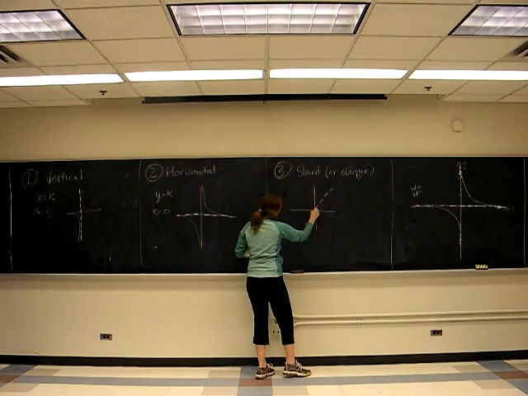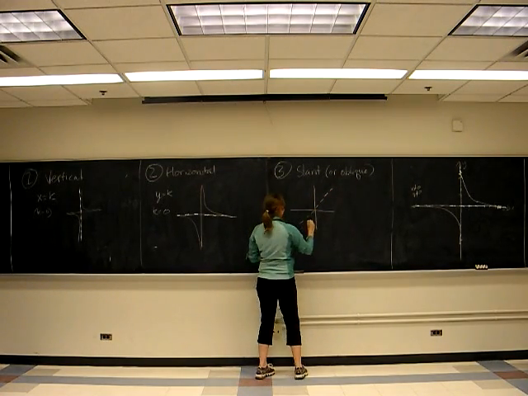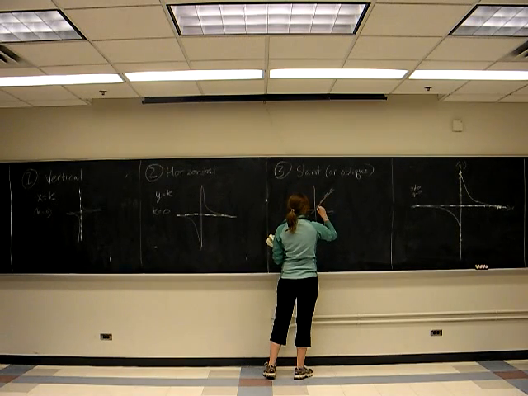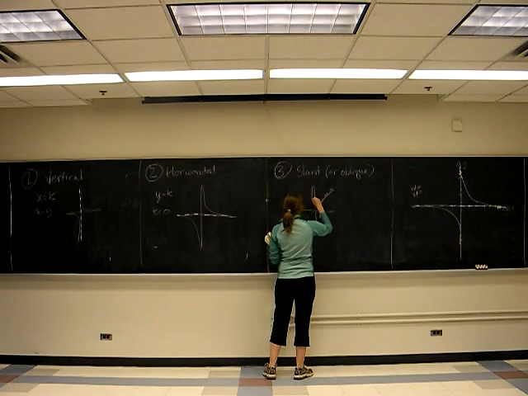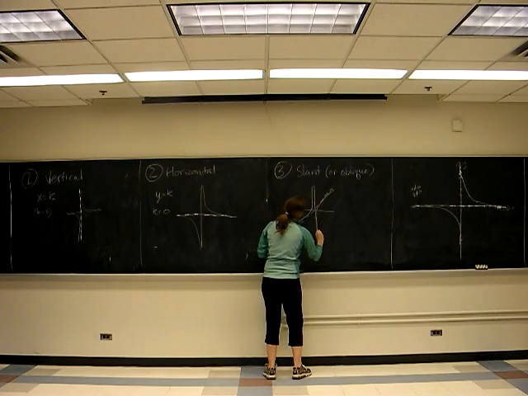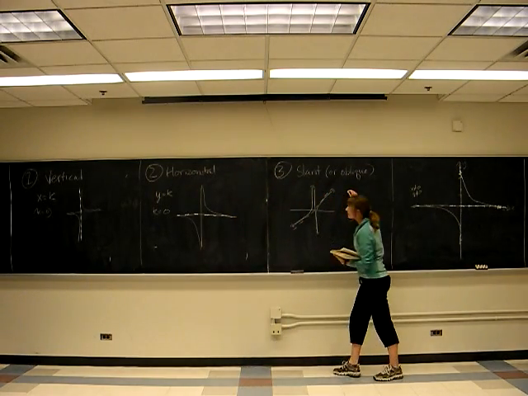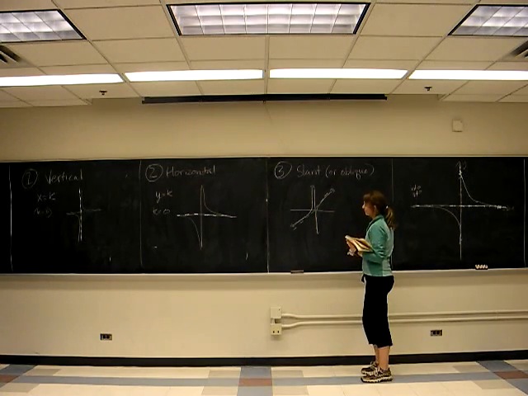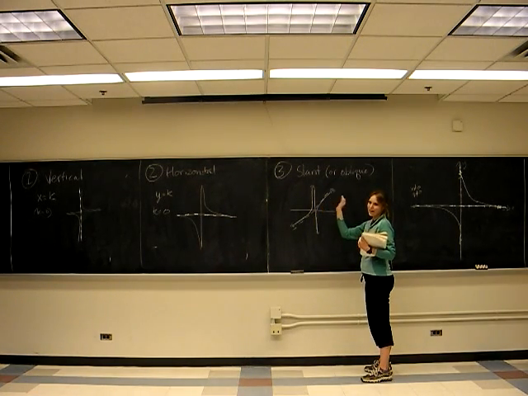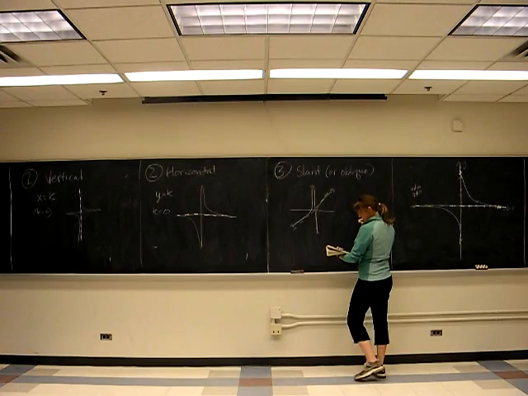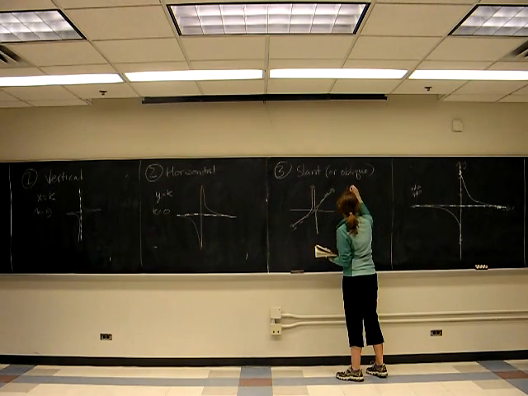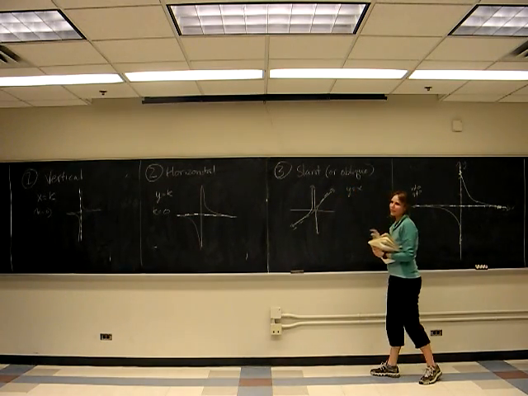So, some line, not vertical, not horizontal, that our graph gets really, really close to, but never actually touches. This could be any sort of non-vertical, non-horizontal equation. In this case, it looks something like y equals x, but it could be lots of different things.